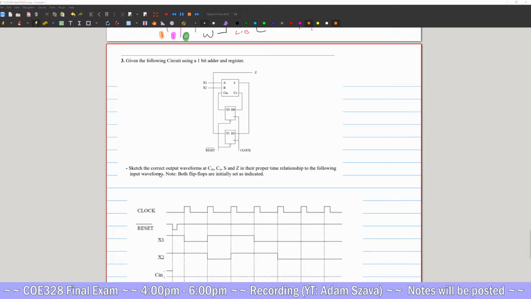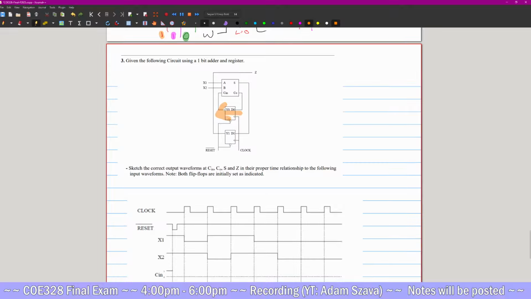So we sketch the correct output waveforms at C in, C naught, C out, S and Z. S is our sum and Z is our output variable. Oh yeah, sorry, I was looking at it backwards. It is a D flip-flop. It's going in this direction, right? It's going backwards. They just wrote it backwards.